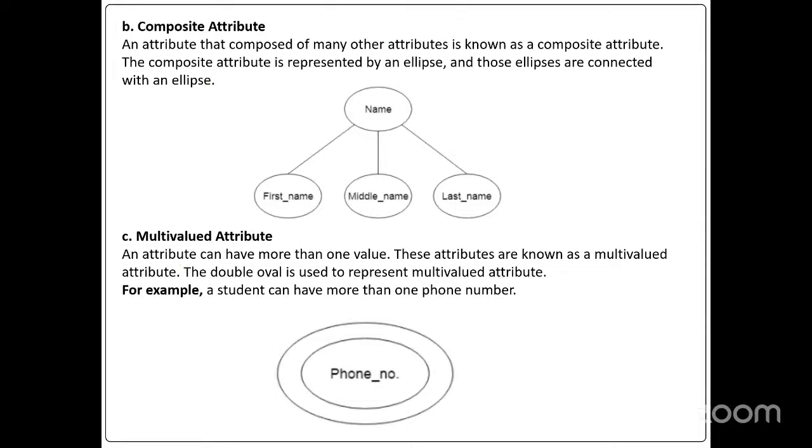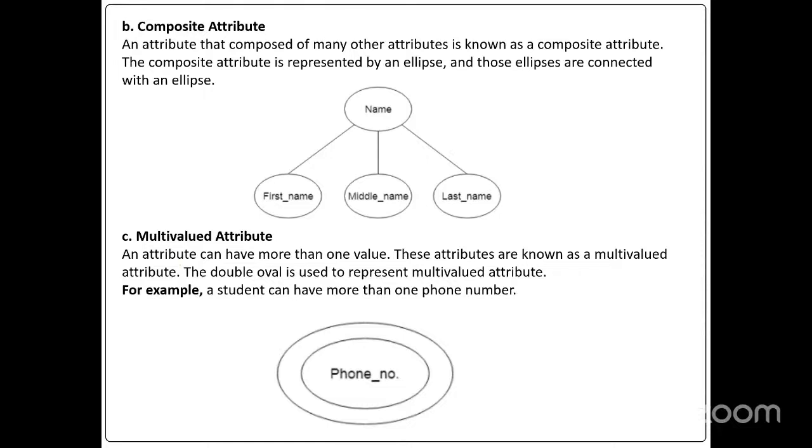Composite attribute. We have seen this composite attribute. What is composite attribute? An attribute which is further divided into parts, like name is divided into first name, middle name, last name. Next, what is multi-valued attribute?